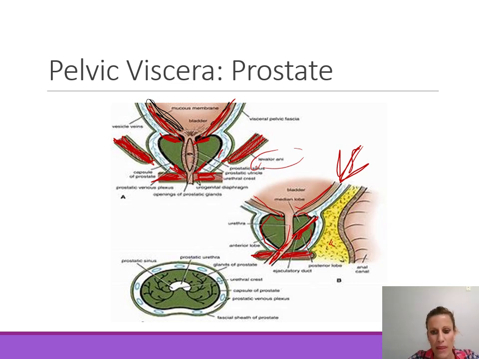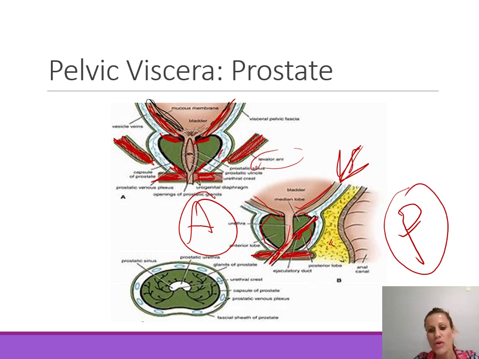Also over here, this is the anterior and this is the posterior. You can see directly posterior to the prostate is the rectum, and so the anal canal, and then the rectum.